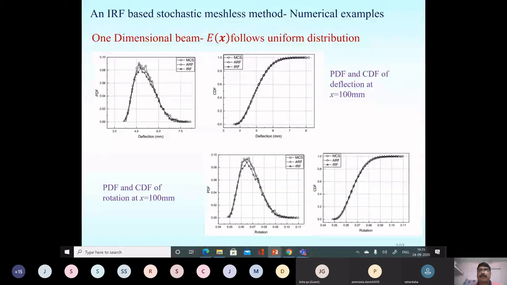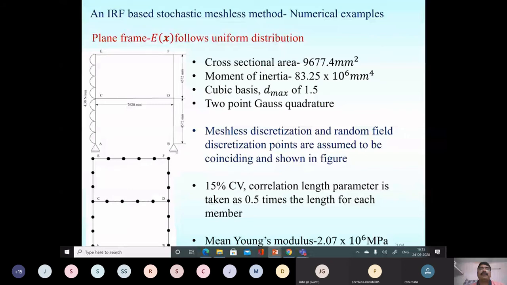Many of the stochastic techniques have been given. We used it even for a frame, a practical problem. A two story frame, one-way frame, has been solved.